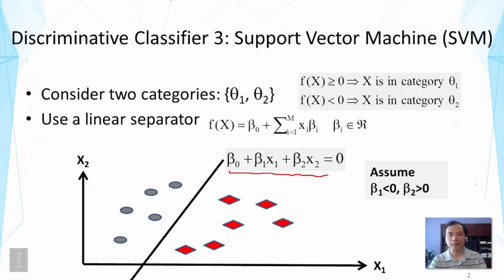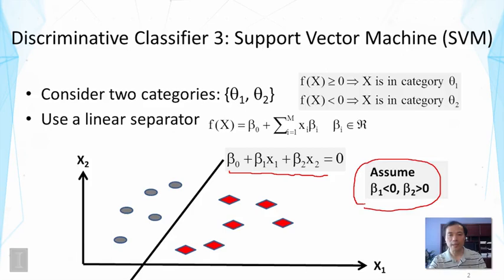Now this line is heading in this direction, so it shows that as we increase x1, x2 will also increase. So we know that beta 1 and beta 2 have different signs. One is negative and the other is positive. Right? So let's just assume that beta 1 is negative and beta 2 is positive.